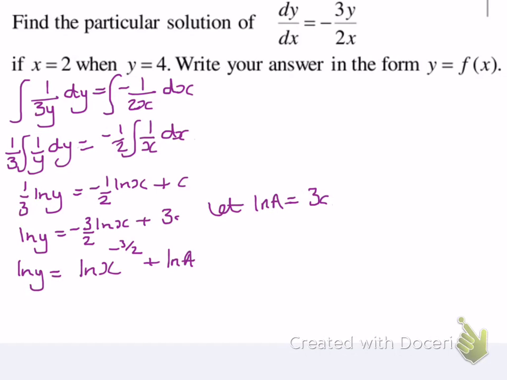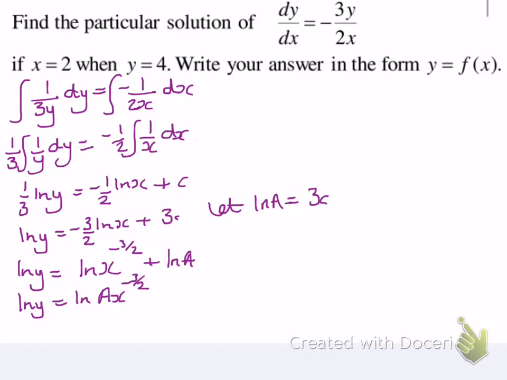And using our log rules again, I can say that ln y equals ln a times x to the minus 3 over 2. Right, so we're now told that we need to find a particular solution. And we want to find y when x equals 2 and y equals 4.